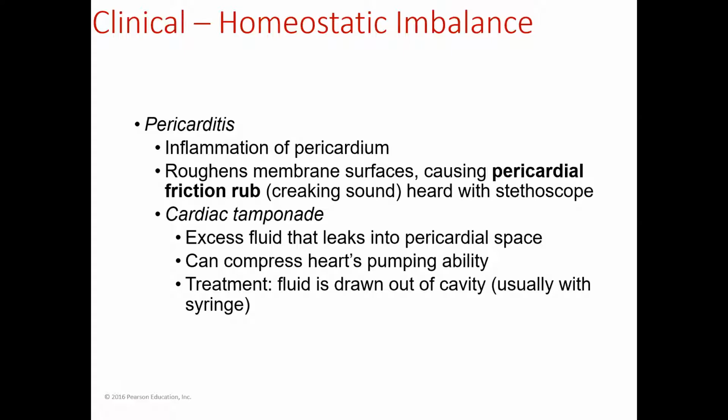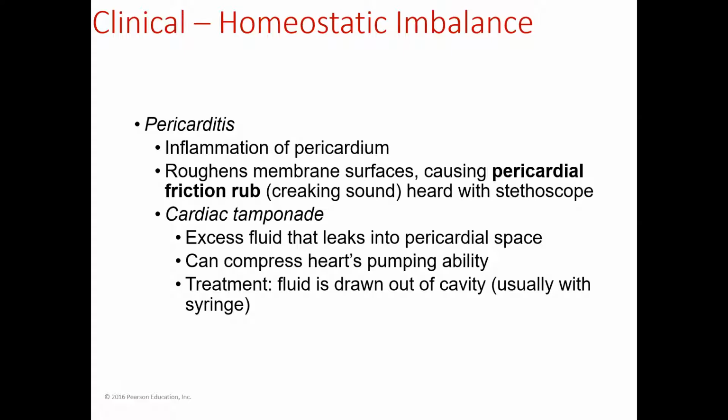Another condition that I was talking about was cardiac tamponade. If the pericardial sac fills up with fluid, blood or whatever, if something's leaking into that space because of blunt force trauma or a penetrating injury, it will compress the heart and prevent the heart from contracting properly.